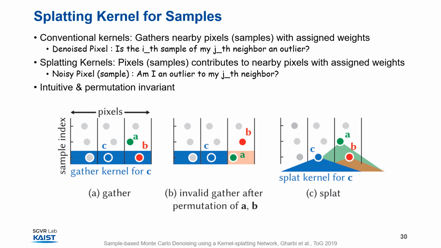But on the other hand, the splatting kernel comes with an intuition where noisy pixels or samples contribute to the target pixel with its own weight. And this is analogous for the noisy pixel or the noisy sample asking, am I an outlier to my certain neighbor? And this concept is more intuitive to deal with samples, and also it is permutation invariant.